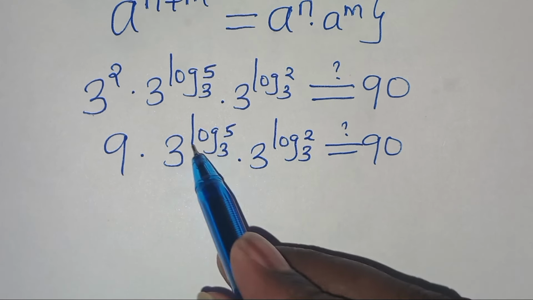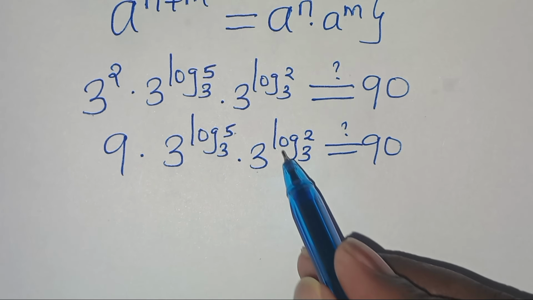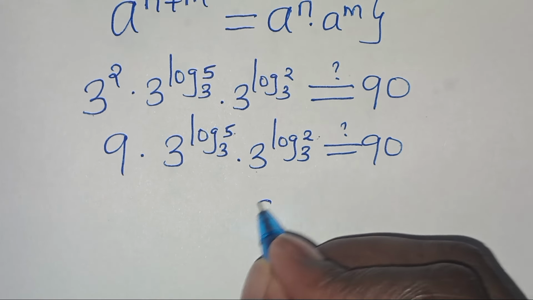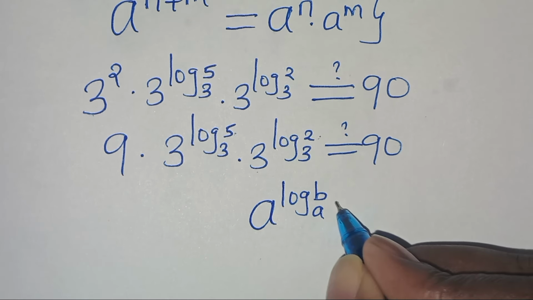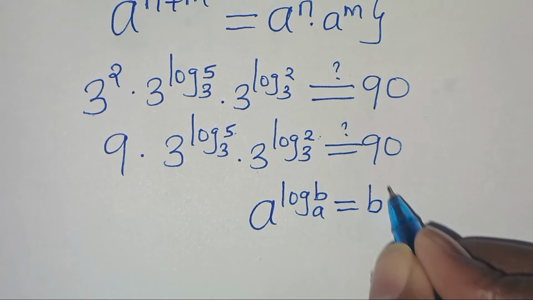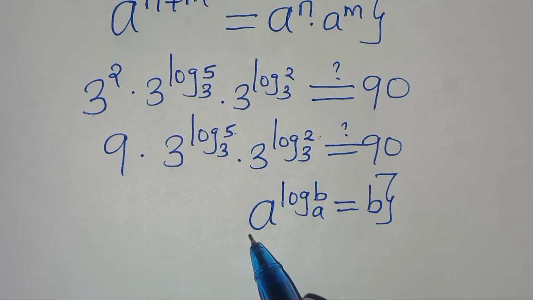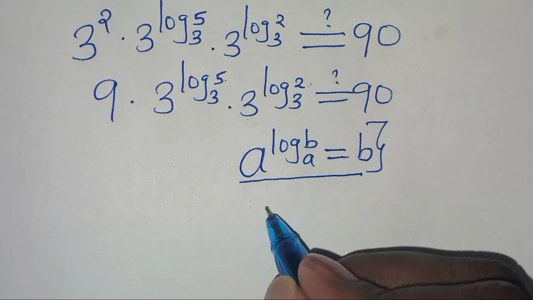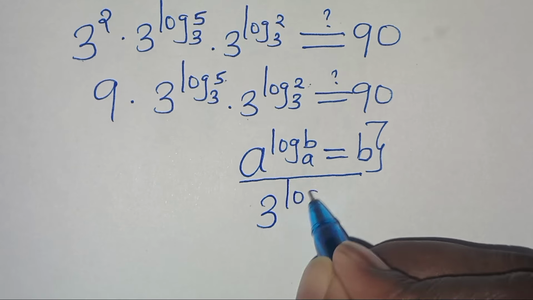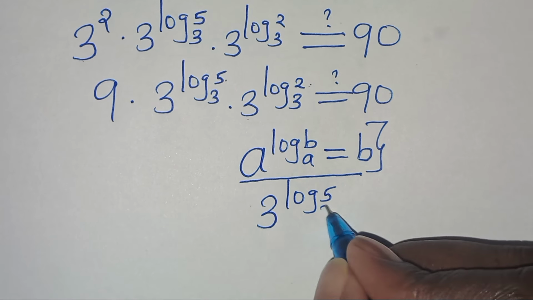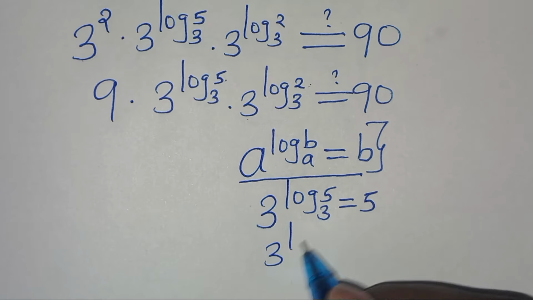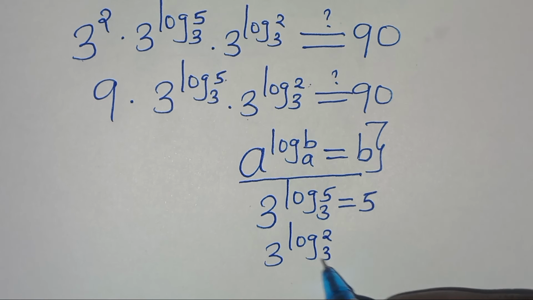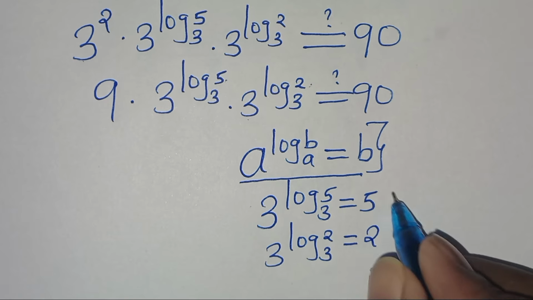Now, 3 to the power of log 5 to base 3 and 3 to the power of log 2 to base 3 are in the form of a to the power of log b to base a, and this is supposed to give us a value of b. So let's apply this property: 3 to the power of log 5 to base 3 is equal to 5, and 3 to the power of log 2 to base 3 is equal to 2.